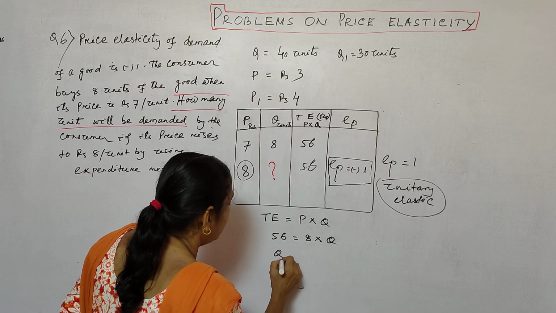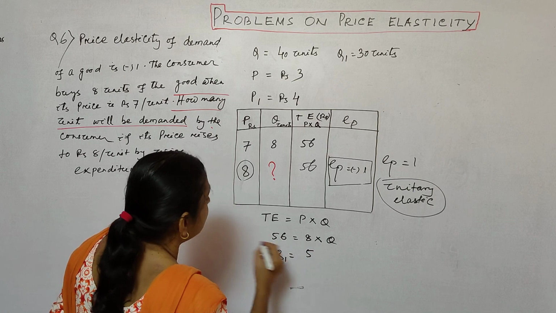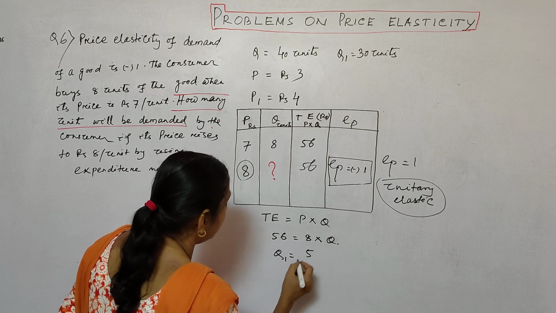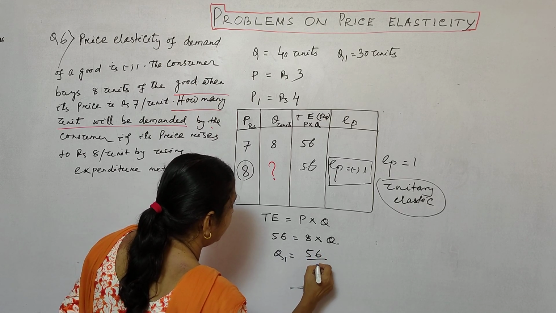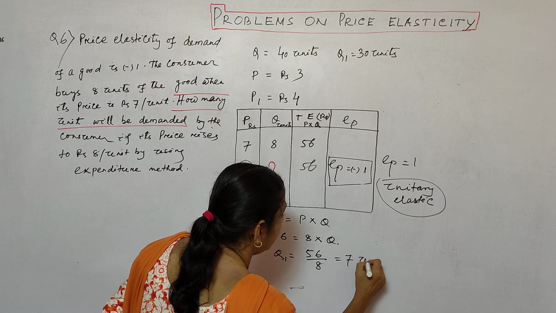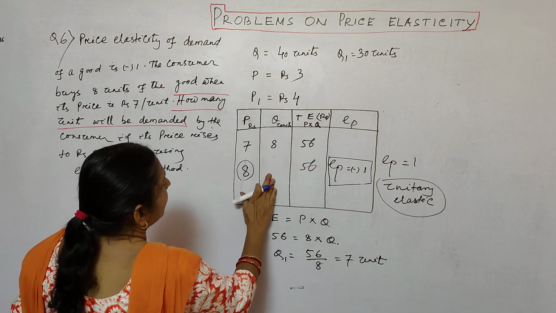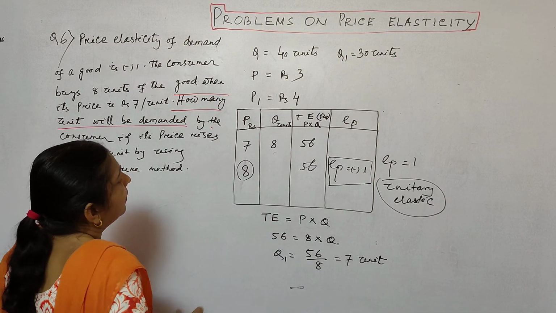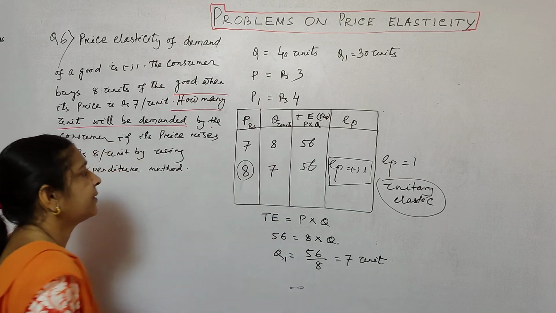So Q1 equals 56 divided by 8, which comes to 7 units. So now we have our final quantity, 7 units.